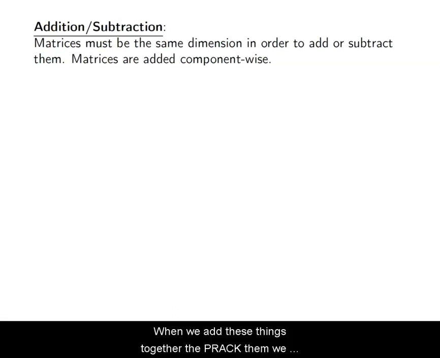When we add these things together or subtract them, we do them component-wise, okay? We said the same thing when we were talking about vectors. When I add or subtract two vectors, I add them component-wise. You can actually think of a vector as a matrix that has one row and then however many columns.